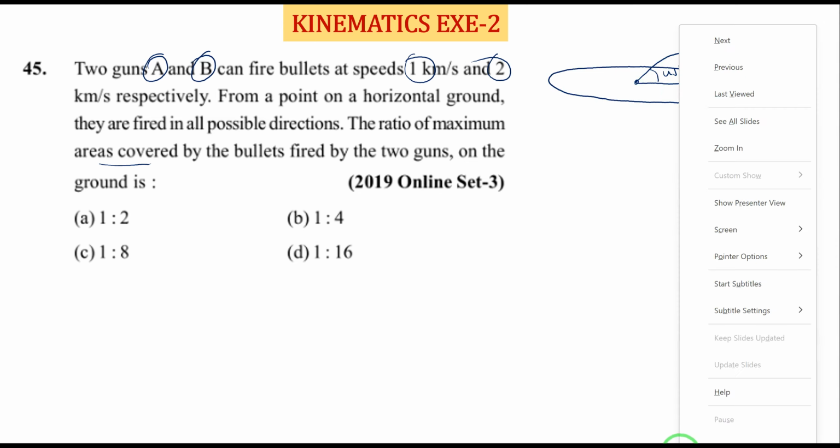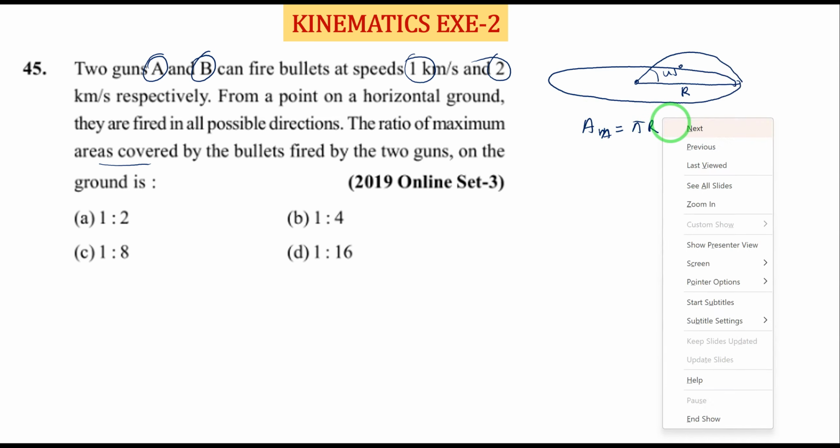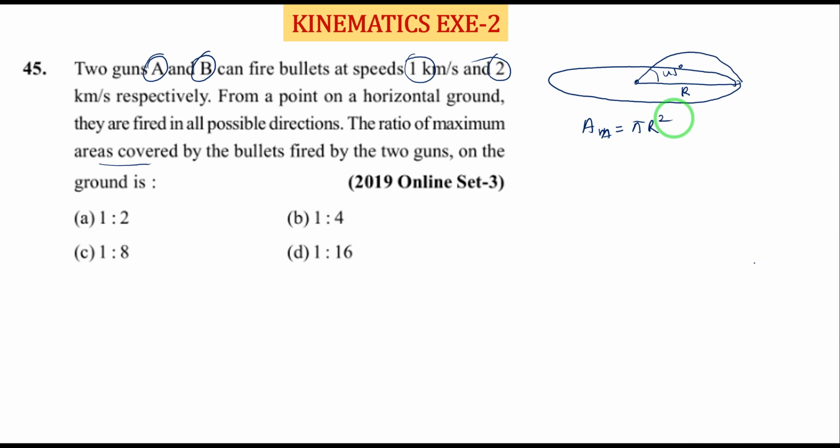So area A will be pi into range square. Range is here, the radius. Now at 45 degrees, what would be the formula? It will be pi into (u square upon g) whole square, taking sin theta as 45 degrees. So we see area is proportional to velocity to the power 4, because g and pi are constant.